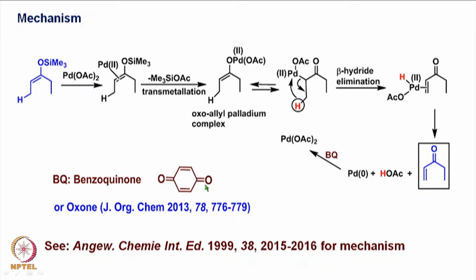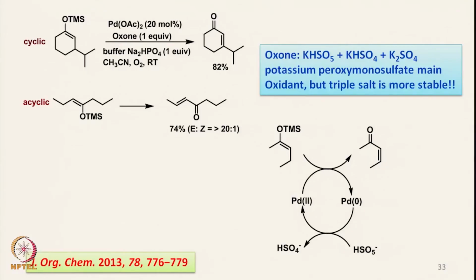There is also a report in the literature where in place of benzoquinone, oxone has been used as a co-oxidant. This entire mechanism is reported in the literature in 1999. Now you can also carry out this reaction, published in 2013, by using oxone.